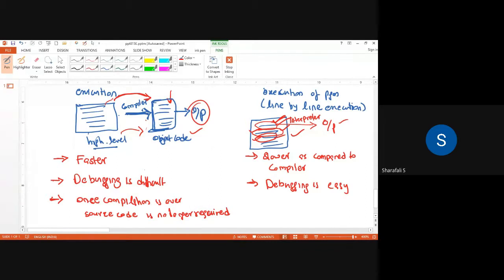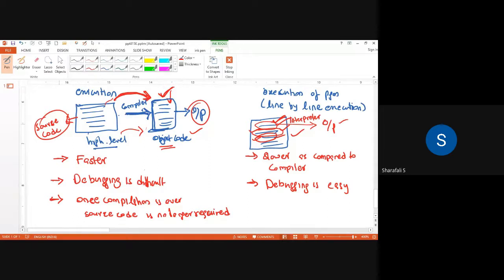What that means is, if you already converted this entire high level language program into the object code, and this particular language program is called your source code, and once you convert this entire source code into object code, then you do not require this source code anymore, because you already have an object code of the same in your system.